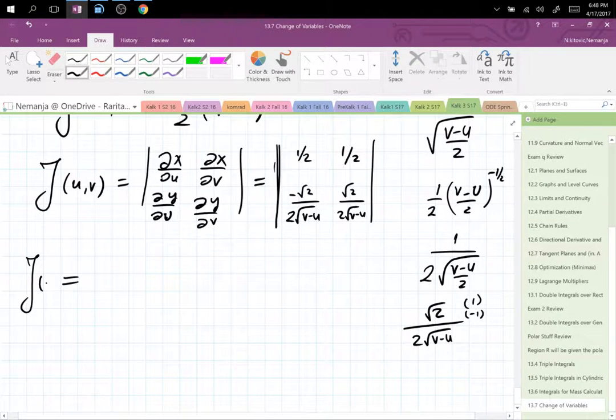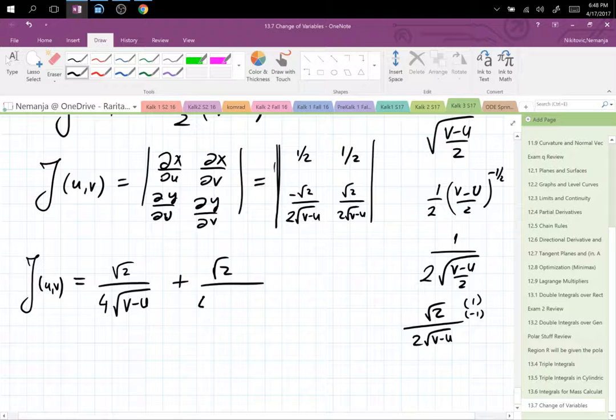So Jacobian is further equal to what? 1/2. Oh, I don't need that. I have it already. Equals root 2 over 4 times square root of v minus u. Minus and minus is plus another root 2 over 4 square root of v minus u.